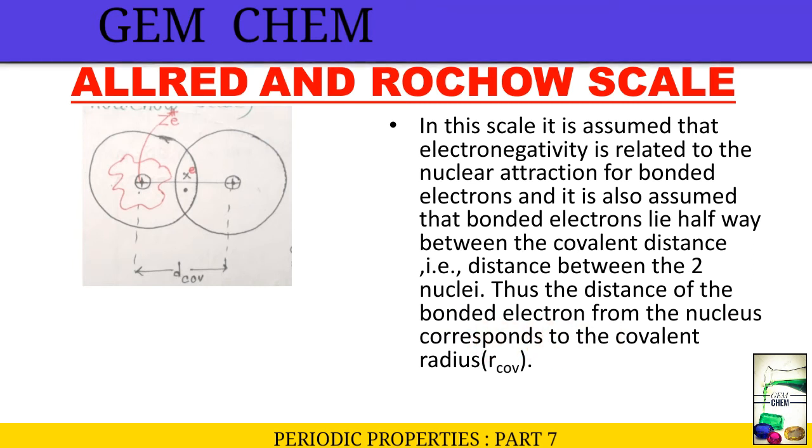Okay, now see, basically in 1958 Allred and Rochow considered electronegativity in a different way and worked out the values for 69 elements.